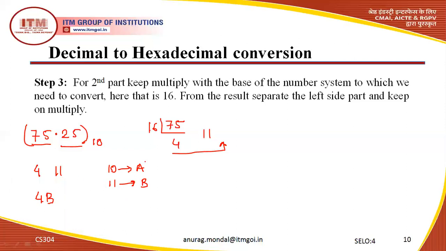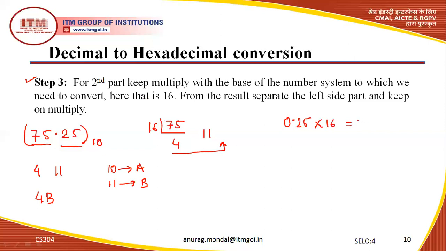Okay. Now, according to the third step, we need to multiply the second part by the base of the number system to which we need to convert. We need to convert to the hexadecimal. The base is 16. So 0.25 multiplied by 16.